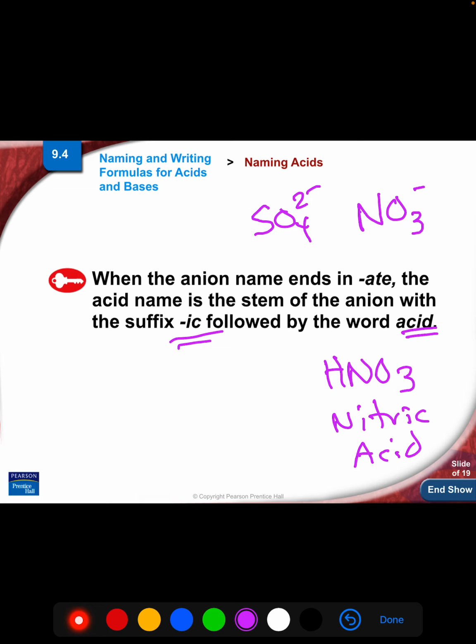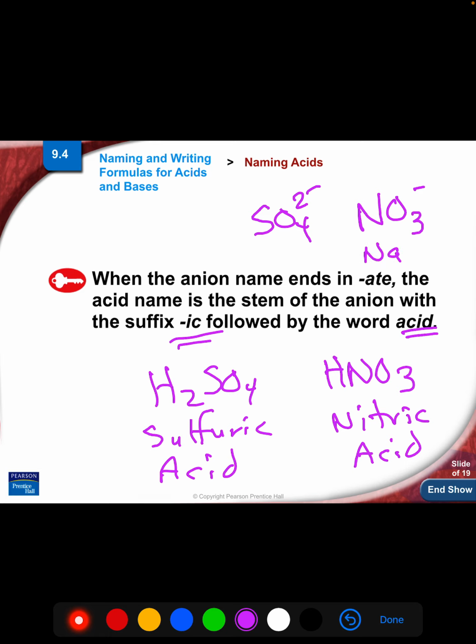And similarly, this sulfate becomes another common laboratory acid, sulfuric acid. And these were salts. If I were to make sodium nitrate, combine it with sodium, this would become sodium nitrate.